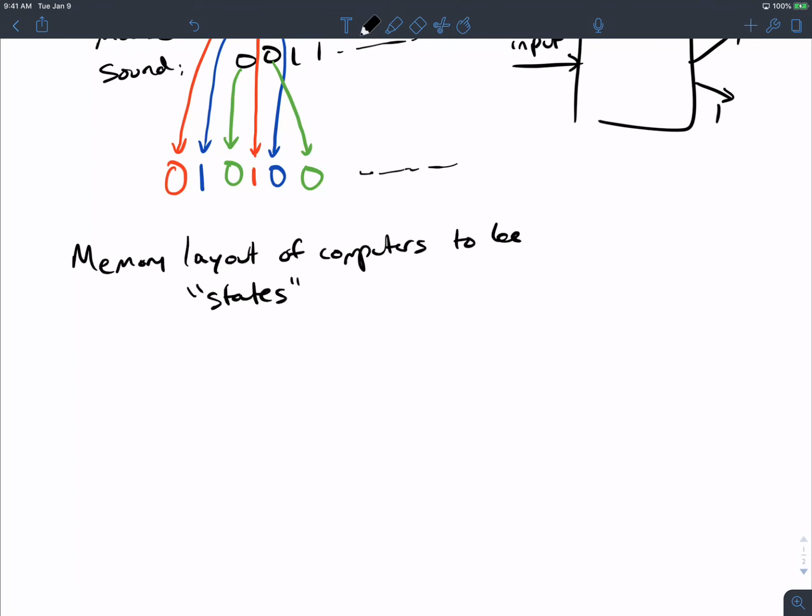Yeah, so if I change the value in a register, that's going to change some bits, or it might not actually change things, but something's going to happen, and the result of that is going to be a state. So what we need to do if we're going to analyze this is look at states of our computer and relate them together somehow. There's some kind of relation between the states of a computer.